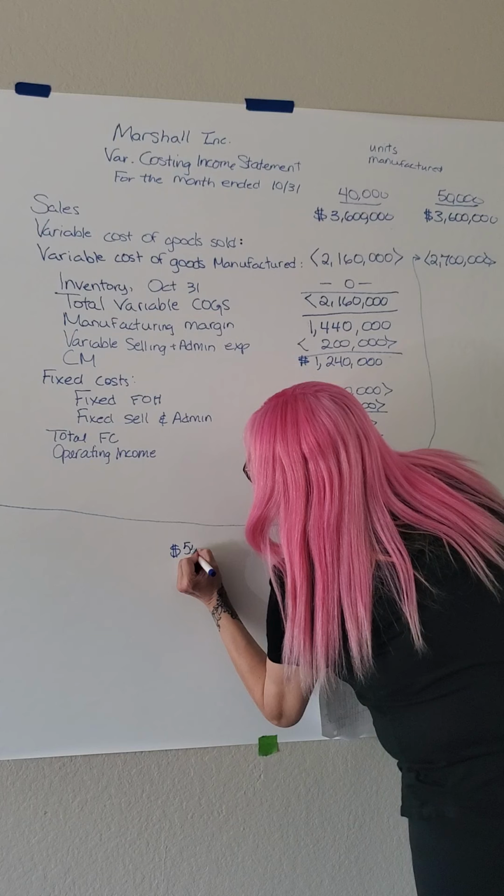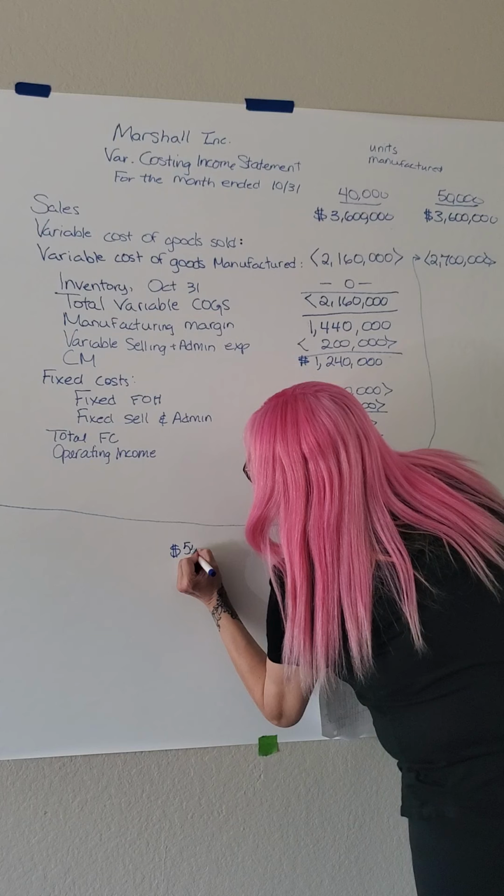So if we add those two together, 2,700,000 plus the 120,000 of fixed costs, we're going to get cost of goods manufactured at 50,000 units of 2,820,000. And that's going to go up here for 2,820,000. We discussed this previously, but we now have an ending inventory.